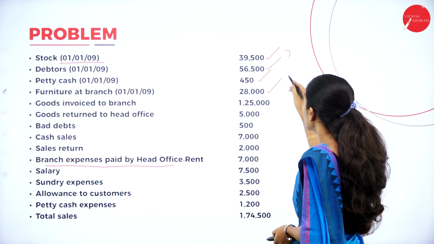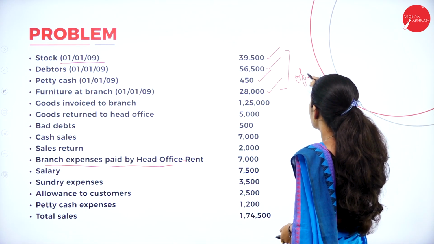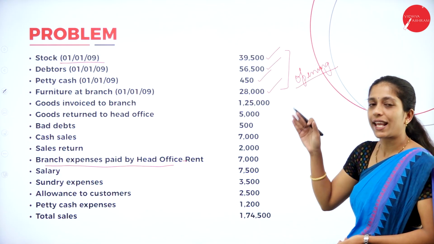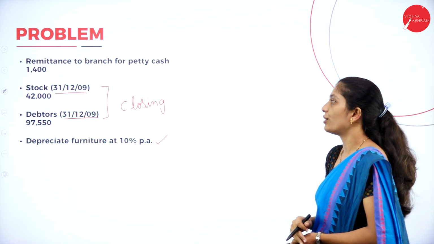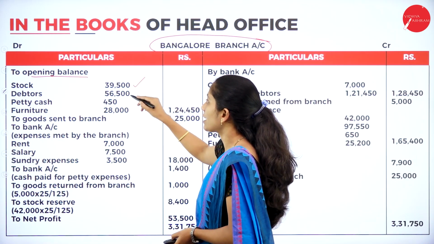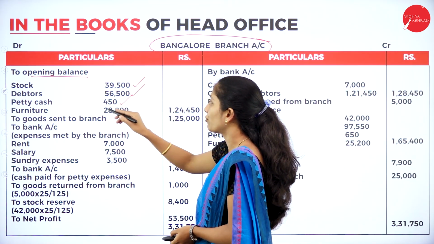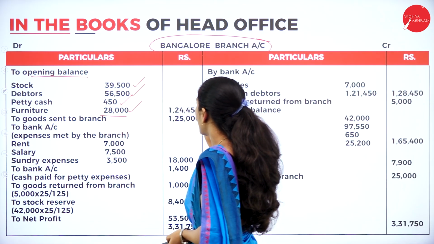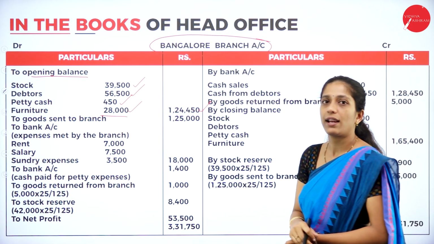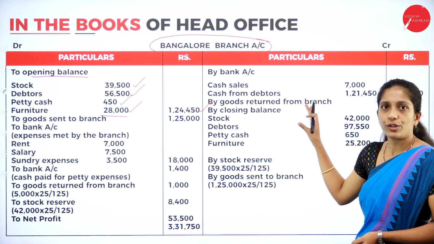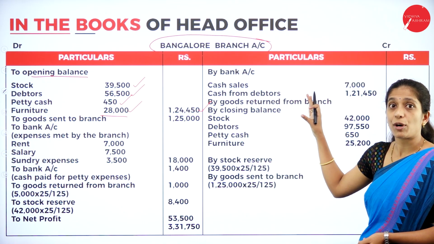These are the opening balances, so take them in your solution. Now add all these and write in the outer column: 1,24,450.